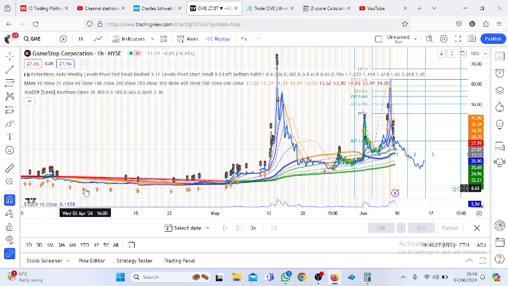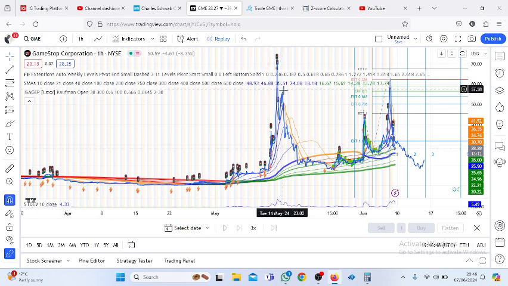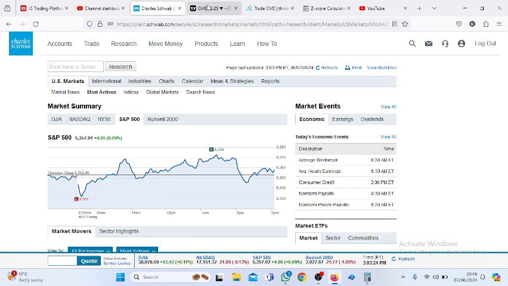The probability of it rebounding to $32 is 51.73%, and the probability of it retesting the highs of $67 is roughly 1%. And then we have rejection on its daily chart. We have that rejection here.